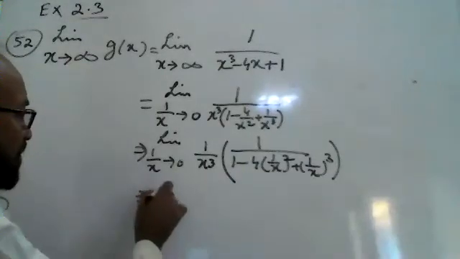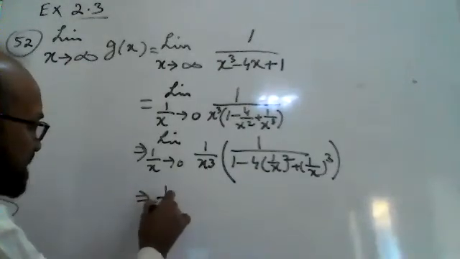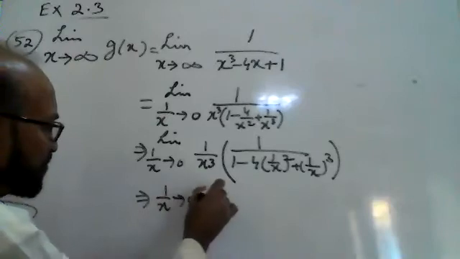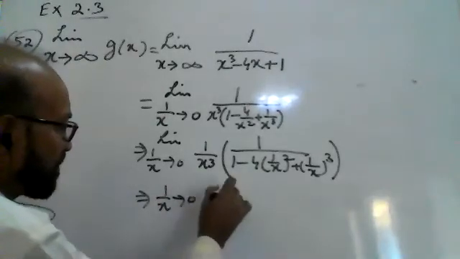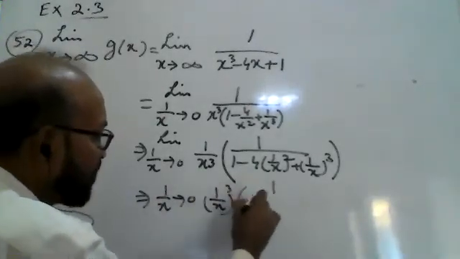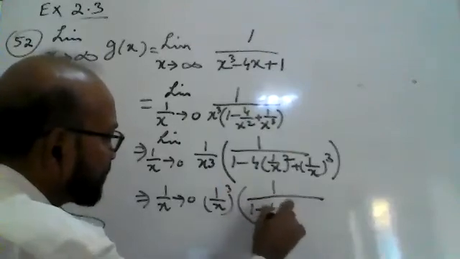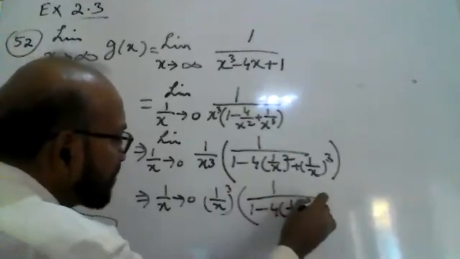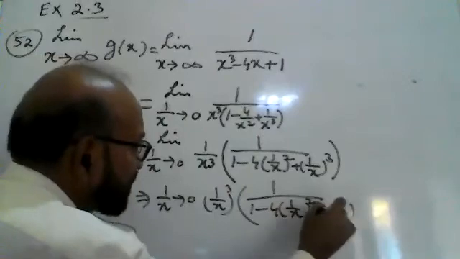So this is 1 over x whole cube into 1 minus 4 into 1 over x whole square plus 1 over x whole cube.